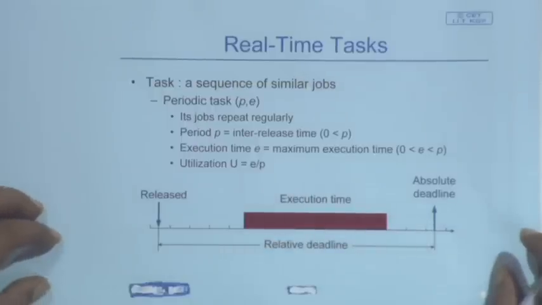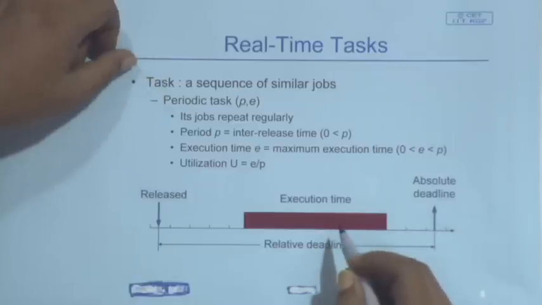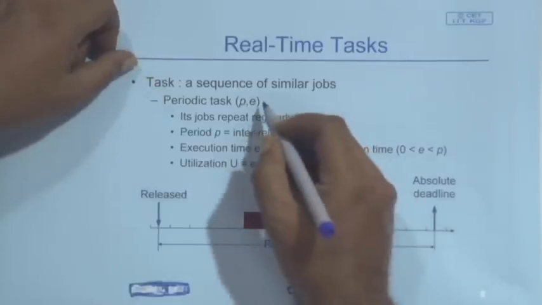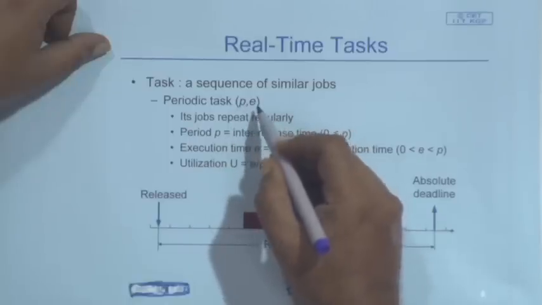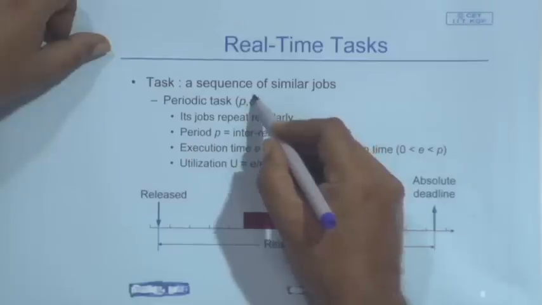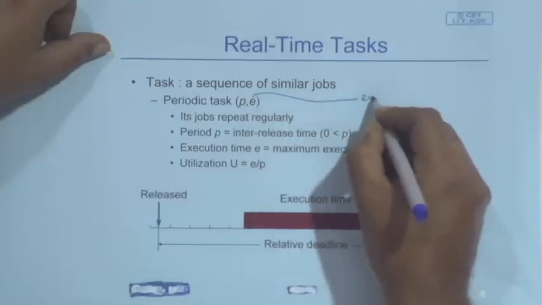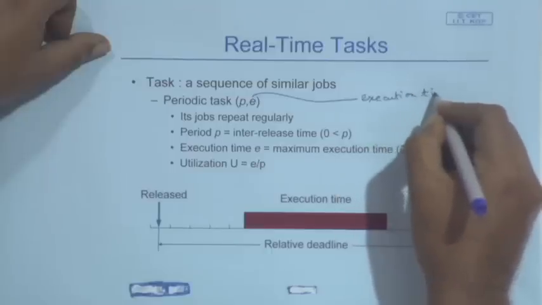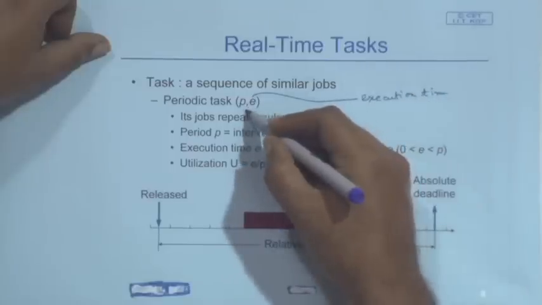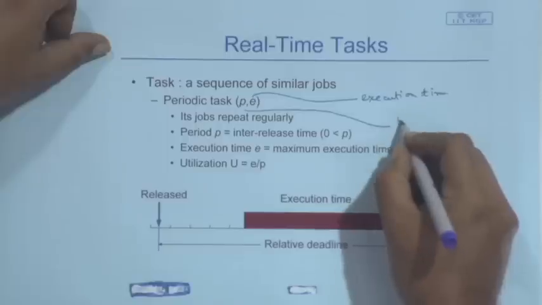If we look at a real time task here, for example, you can see a task is characterized by a period P and an execution time E. E is the execution time, all right, and P is the period.